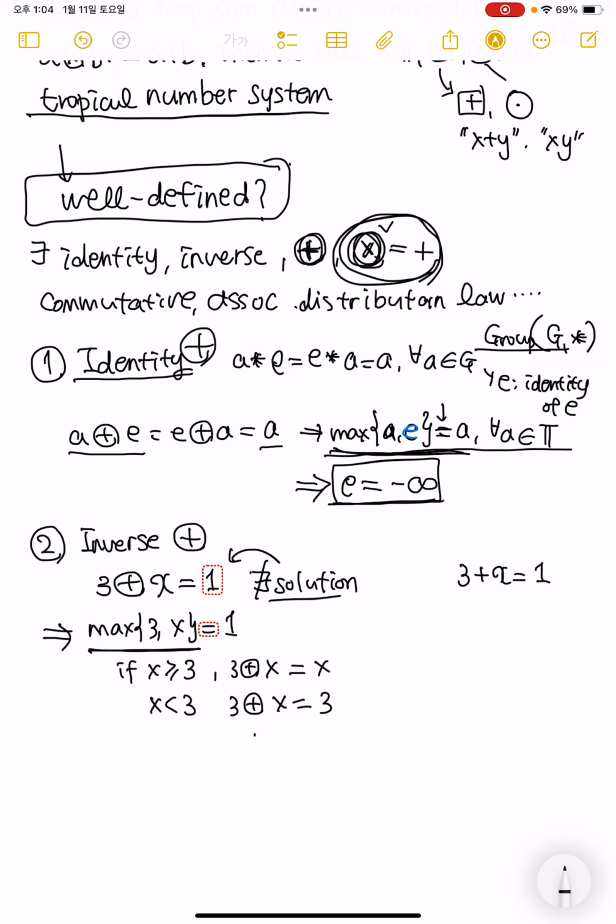so in this case there is no solution. That means the inverse of the tropical sum does not exist. Why?